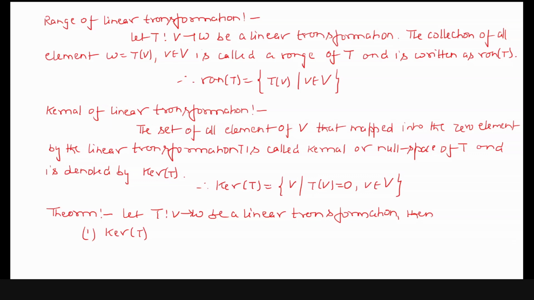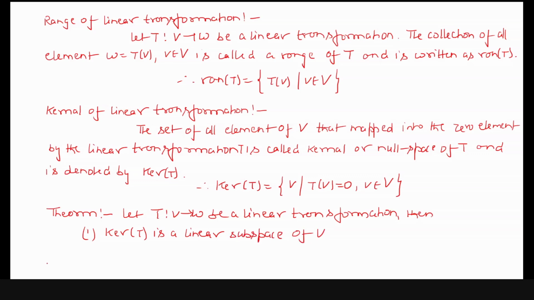So this is a subset of V. So kernel of T is a linear subspace of V. You have studied this earlier, but it is a subspace of V, and that is also linear.